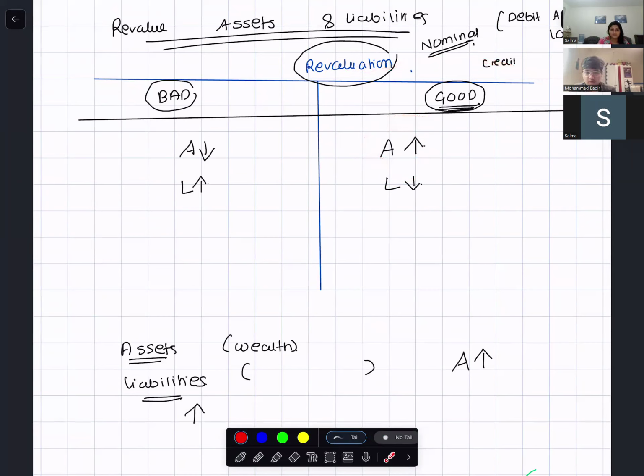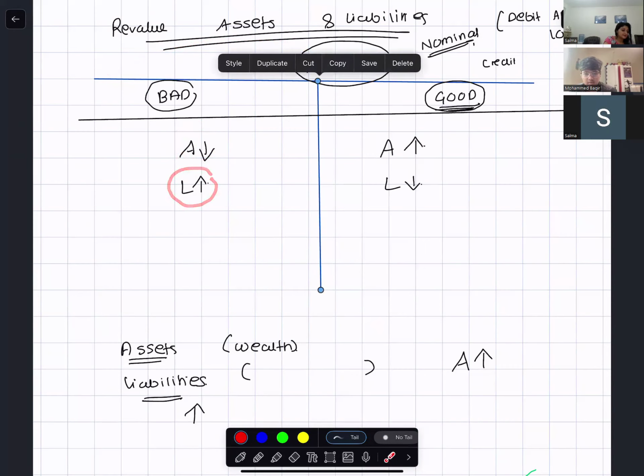Revaluation account credit and asset account debit. Decrease in the value of the asset: now it will be revaluation account debit and asset account credit. Increase in liabilities: revaluation account credit and liability account debit.